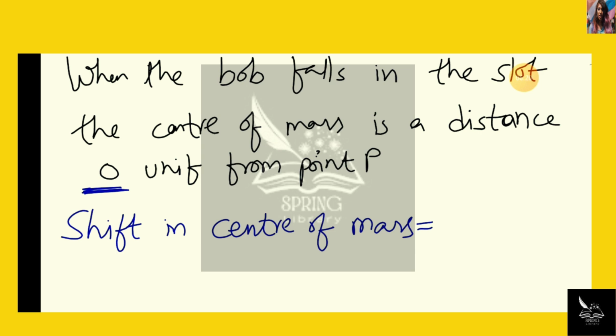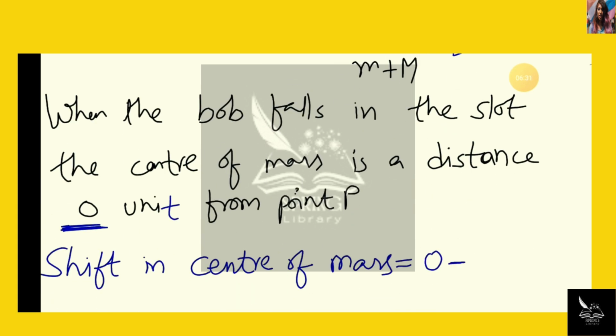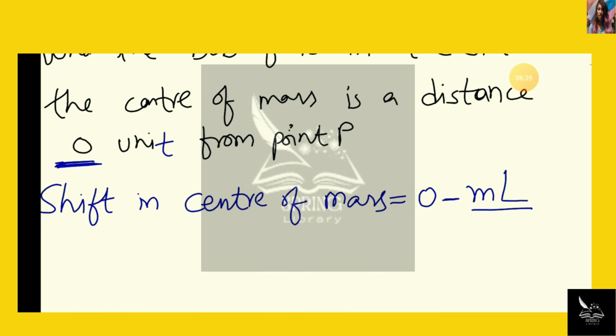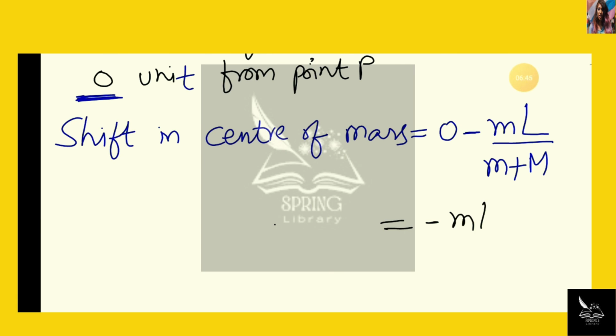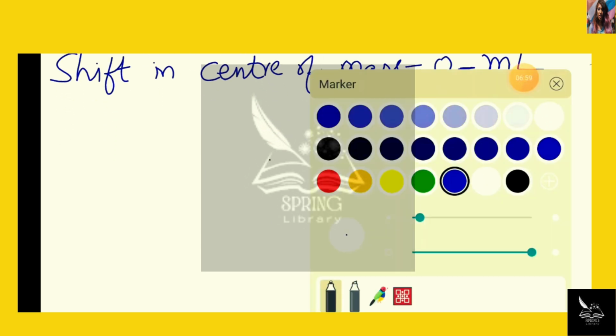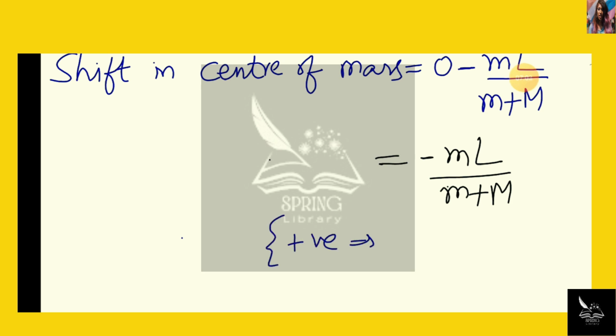So I write 0 minus the initial condition value, which is small m times L divided by small m plus capital M. Simplifying, the shift is equal to minus small m times capital L divided by small m plus capital M. The negative sign shows that the direction is towards the right, because a positive sign shows the direction is towards the left, and a negative sign shows the direction is towards the right.